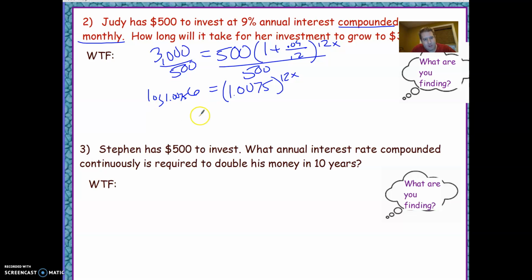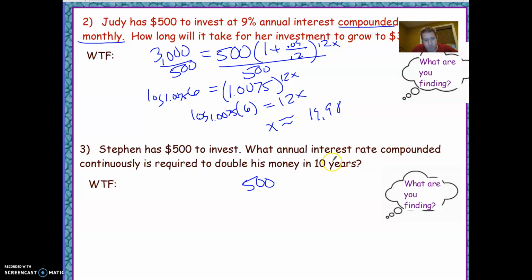So log base 1.0075 of 6 equals 12x. Then I'm going to divide that by 12, and that gives me x is about 19.98 years.